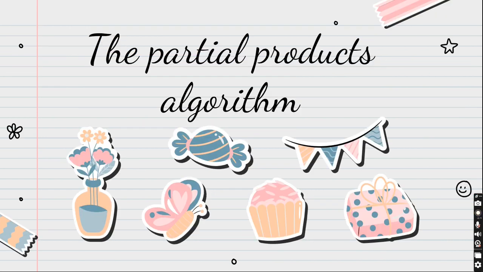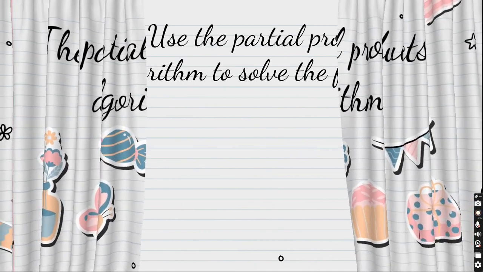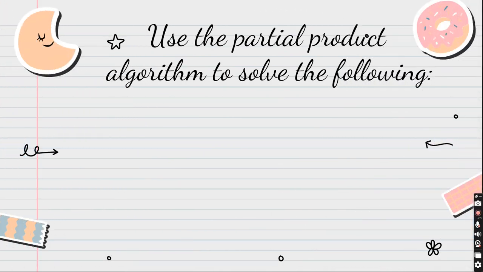We will talk about the partial products algorithm. If I ask you, use the partial product algorithm to solve the following. Example number 1, 76 times 3.